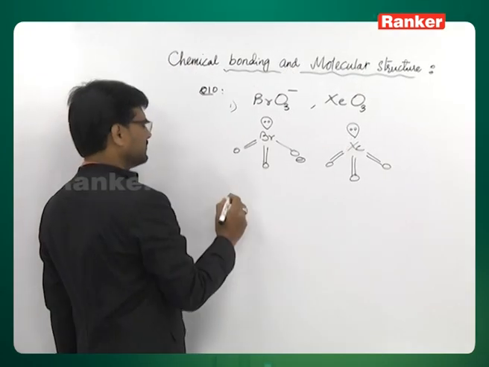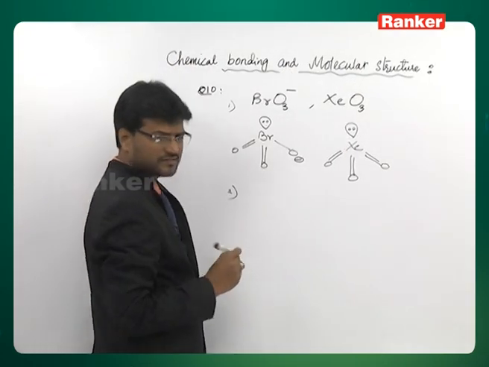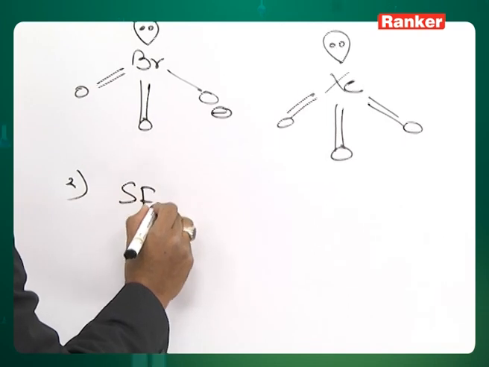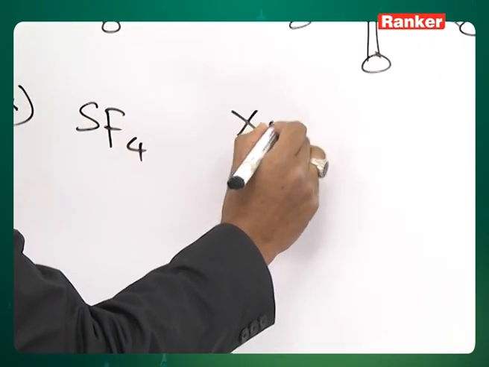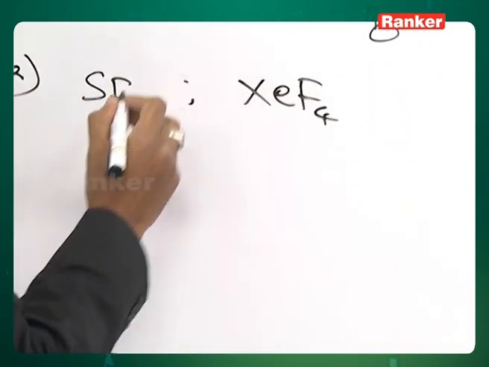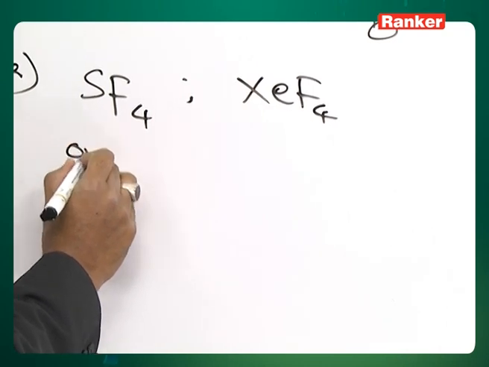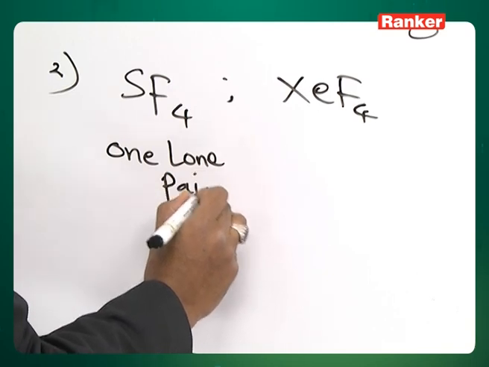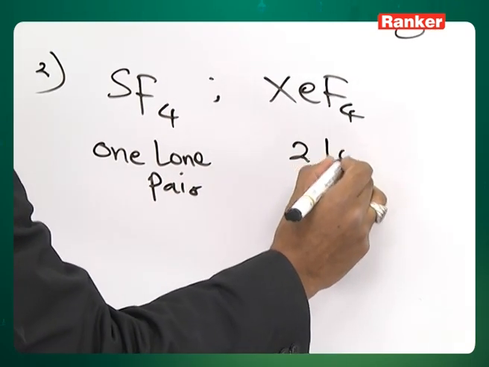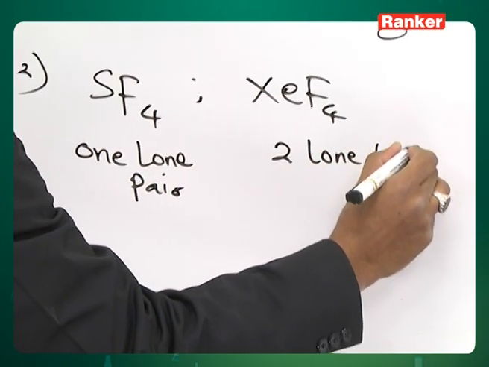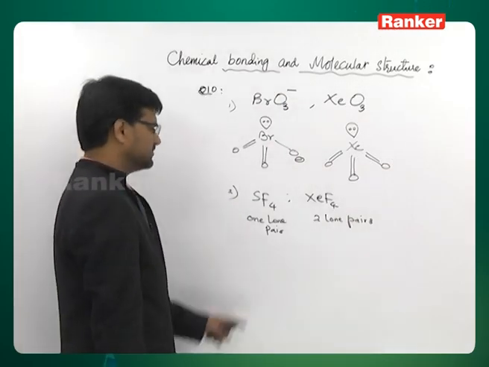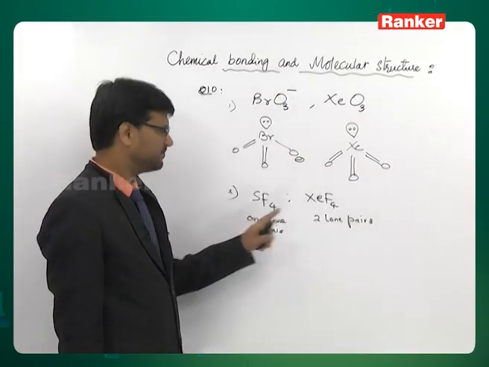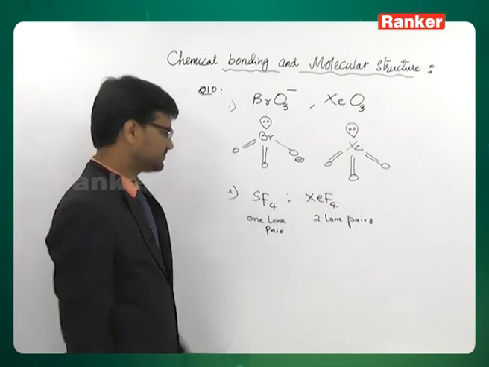This is option 1. Option 2 has SF4 and XeF4. SF4 has one lone pair, XeF4 has 2 lone pairs. So, this is seesaw shape, this is square planar.